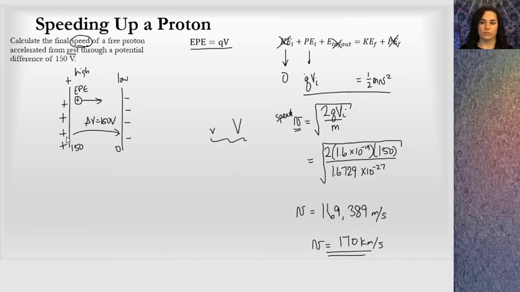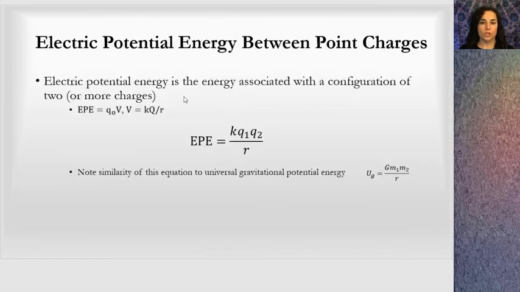If we want to find the electric potential energy of a point charge, we can plug in what we know about the potential of a point charge into the electric potential energy equation.